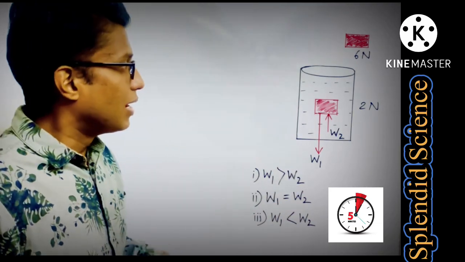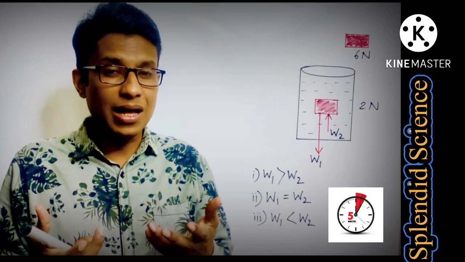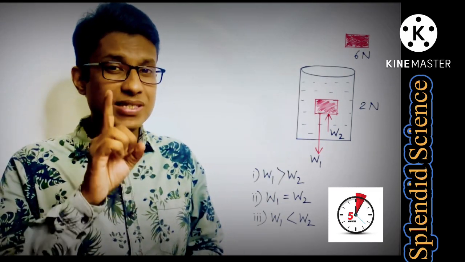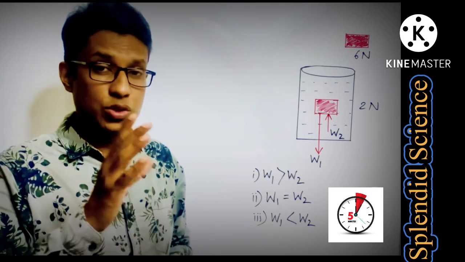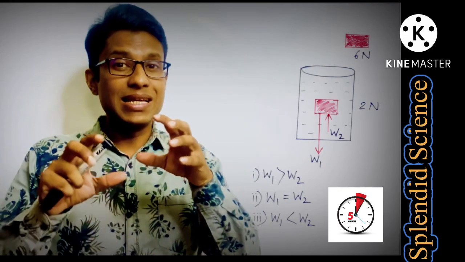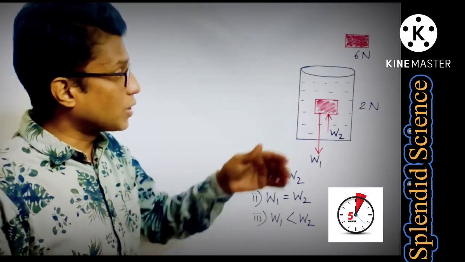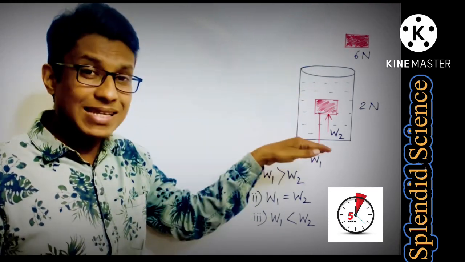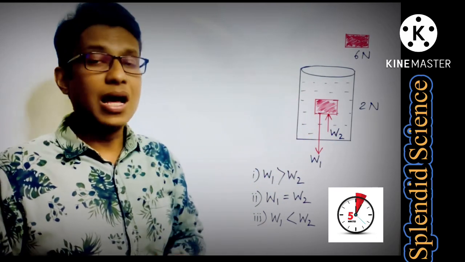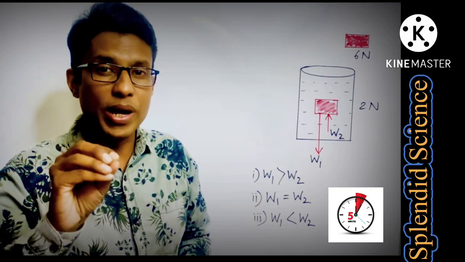So students, let me explain the principle. Okay, here you can see an object of 6 Newton weight, not mass. So the object is in air, of course, but when I immerse this into liquid substance, the object will lose some weight.